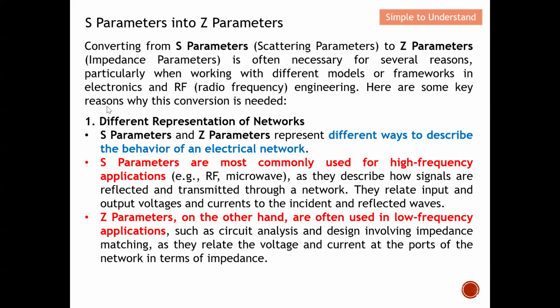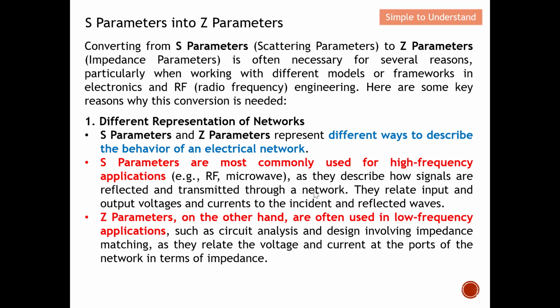The first reason is that there are different representations of a network. S parameters and Z parameters represent different ways to describe the behavior of an electrical network. S parameters are mainly used for high frequency applications, as they describe how signals are reflected and transmitted through a network.